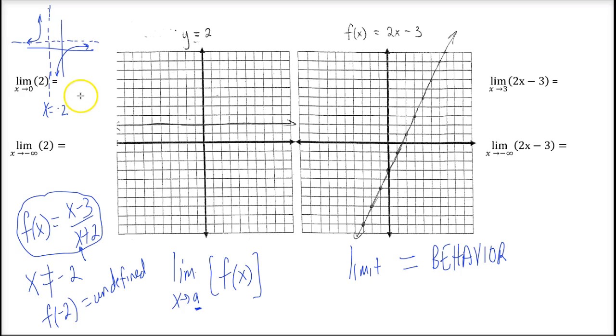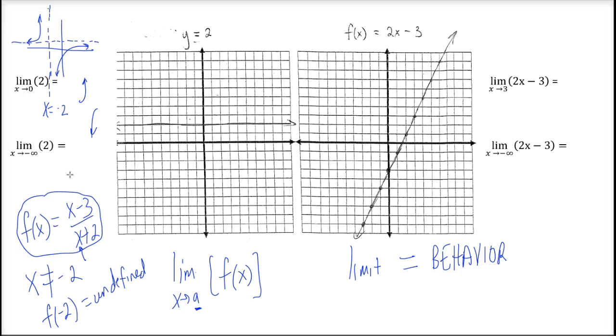Since the behaviors going up and down aren't the same, and we can't answer this question of the limit with a real number, we would say that it does not exist. And as I go through these examples, you'll see when we need to say that and when we don't.